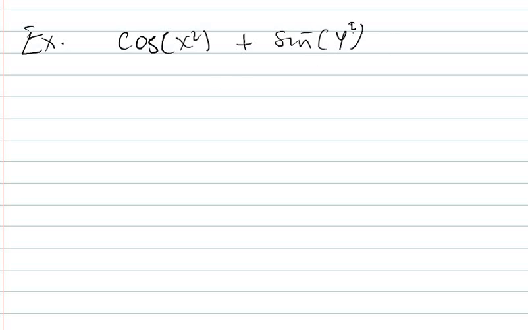So let's take another question, which is the last question for this implicit differentiation. The last question is to find the derivative of cos(x squared) plus sin(y squared) is equal to 600.